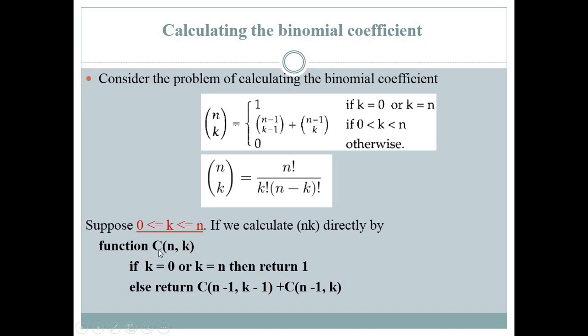We will have to find C of n, k. In that case, if our k is equal to 0 or k is equal to n, then our answer will be 1. Else we have to return C n minus 1, k minus 1 plus C n minus 1, k.